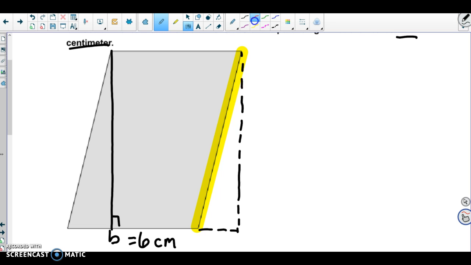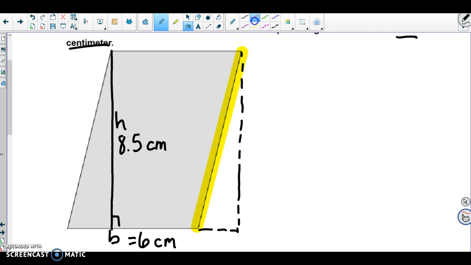My height is going to be in here. And if I use my ruler to the nearest 1/2 centimeter, this one ends up being 8.5 centimeters.